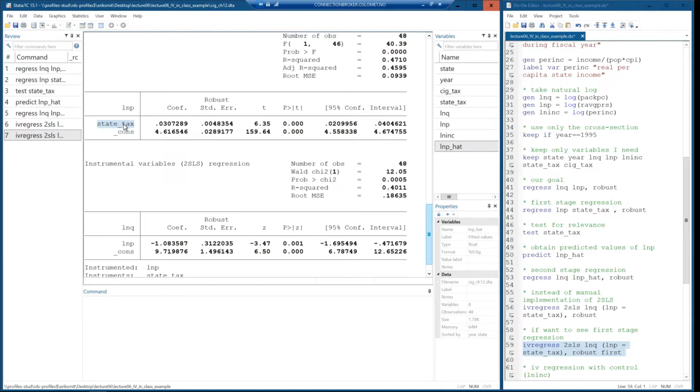Okay, and we don't want that, because we want the instrument to be exogenous, which is uncorrelated with the error term, in order to extract the exogenous part of the endogenous variable. So if we have a problem with correlation between the error term and the instrumental variable, then we can include a control variable.